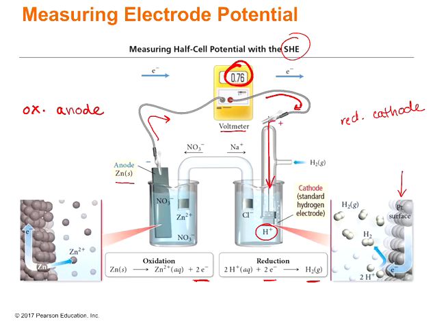Electrons are going to then enter solution and combine with 2 hydrogen ions to produce a hydrogen molecule. And then the gases will just bubble up out of solution.